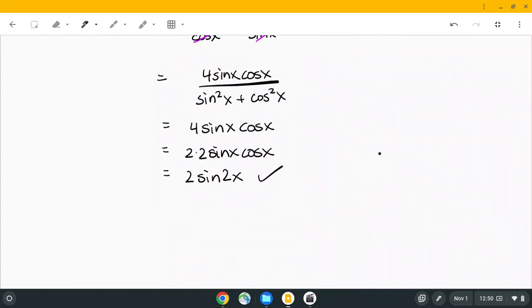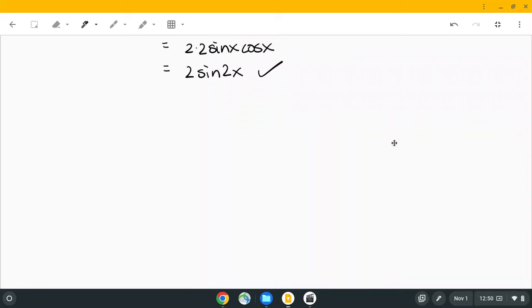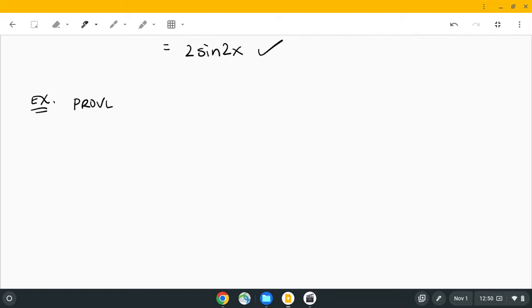Okay, let's try another one. Okay, so let's prove that sine 2x equals 2 cotangent x over 1 plus cotangent squared x.